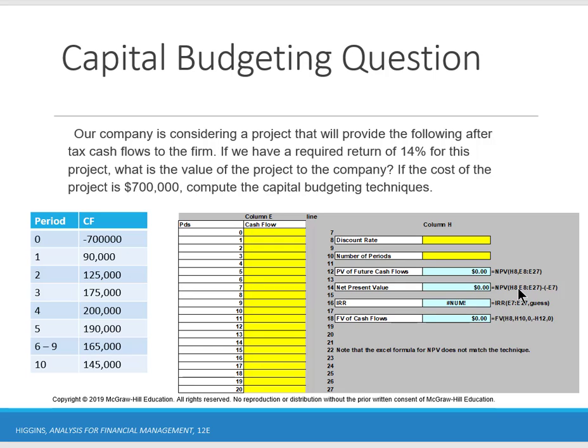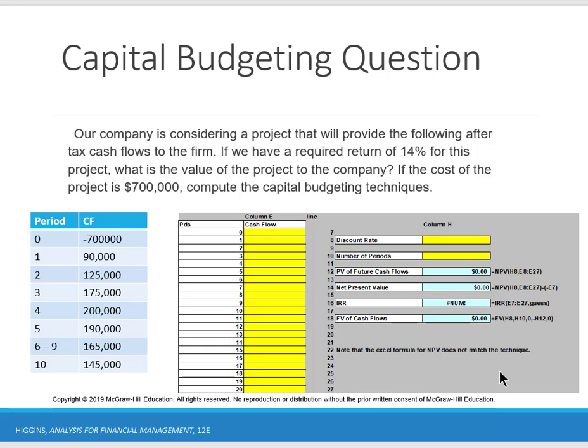The net present value, if you note, you take the present value and you subtract the investment. This tells us whether or not the project will add value or detract value. We'll talk later about internal rate of return. That here is the actual rate of return on this investment.